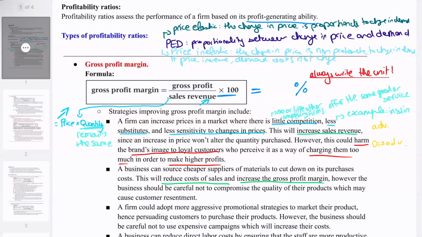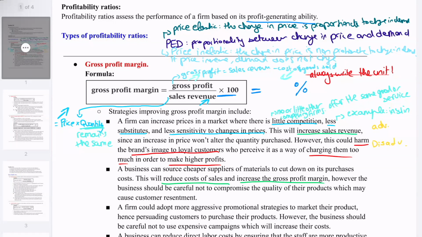Keep in mind that gross profit is equal to sales revenue minus cost of goods sold, meaning that a decrease in cost of goods sold will cause an increase in gross profit.